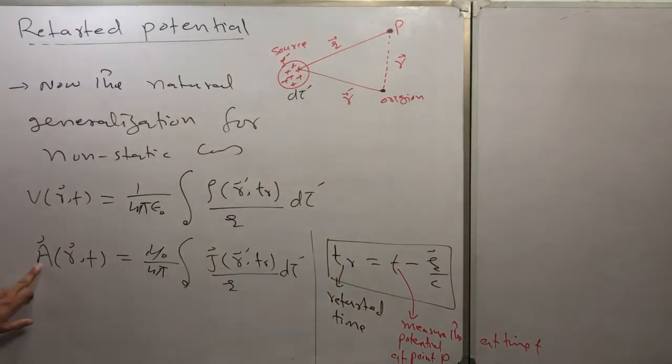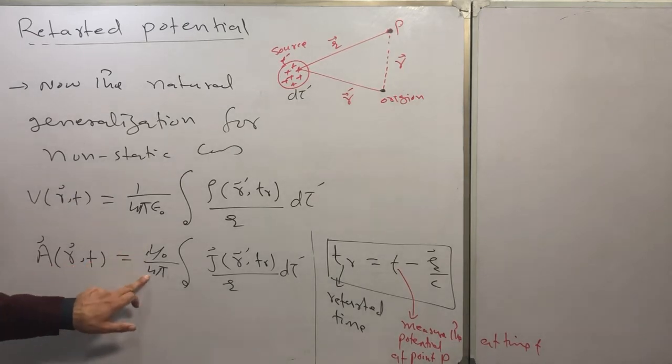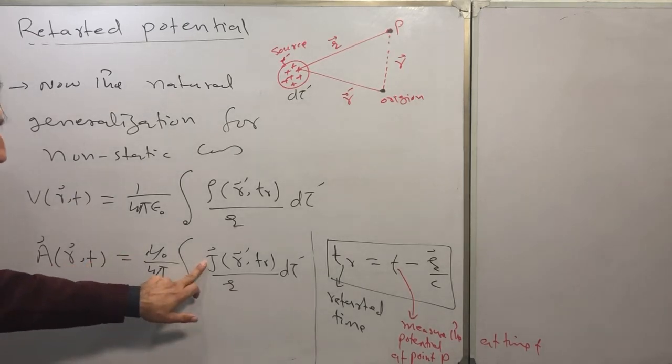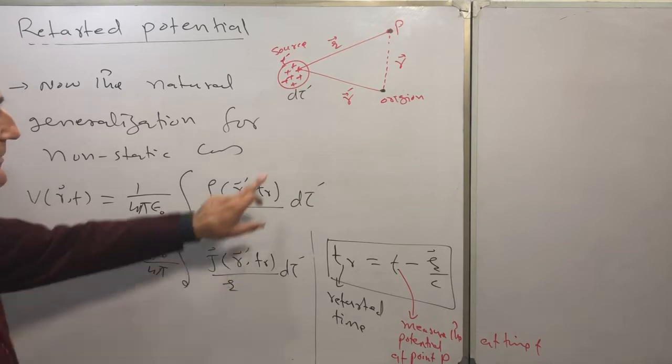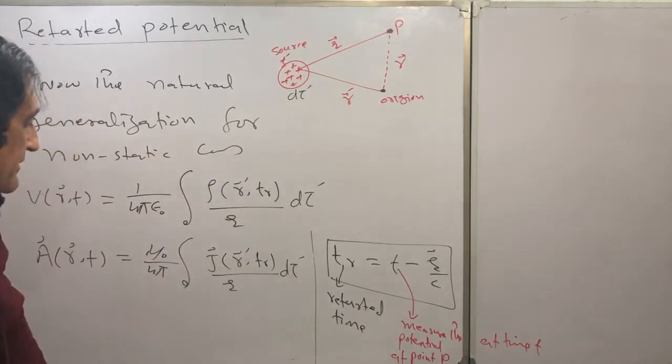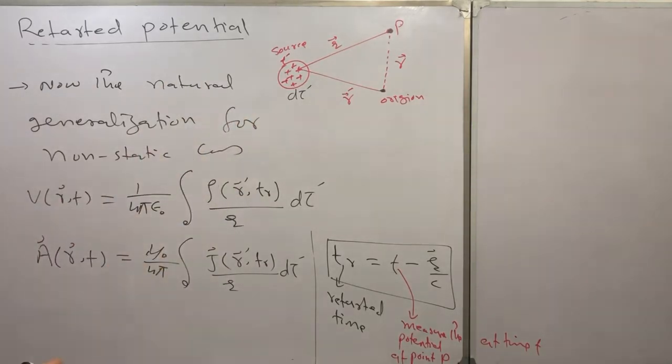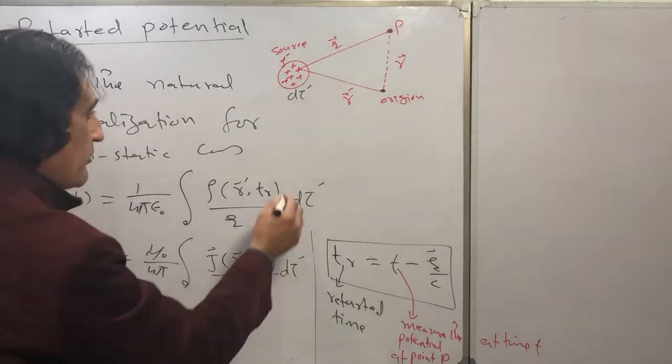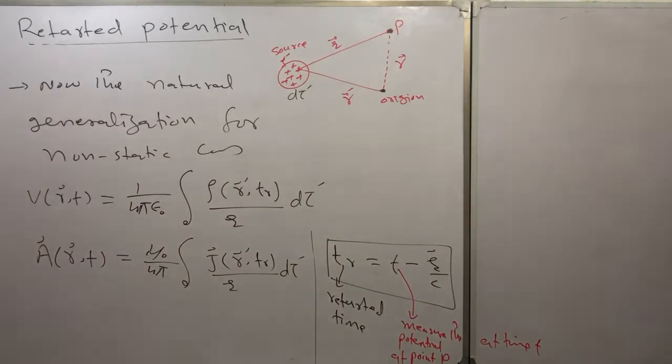And similarly, the vector potential is equal to mu naught divided by 4 pi, and the current density also depends upon r prime and the retarded time where the electromagnetic wave is generated, and d tau prime is the volume of the source. So these two equations are very important now.